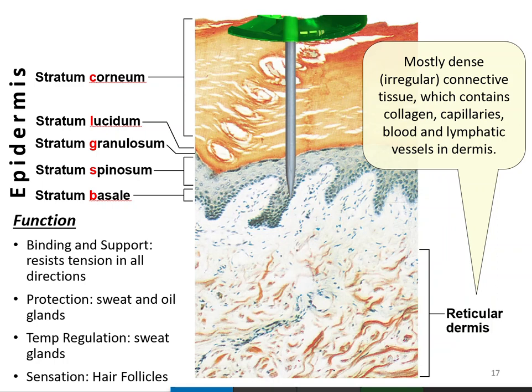In general, due to the dense, irregular connective tissue found in this area, it's really good at resisting tension in all directions. You could twist your skin, move it side to side, back and forth, and the reason it is good at not ripping apart could be partly due to this reticular dermis that contains this dense, irregular connective tissue.